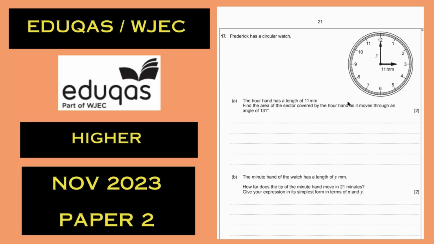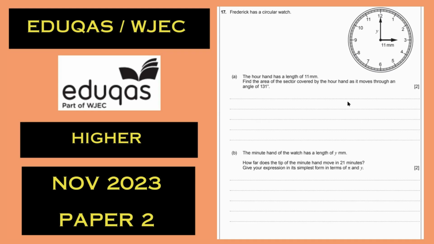Number 17. What a weird question. It's a clock, but not as we know it. It is ultimately, folks, arcs and sectors. I drew a little diagram for A. The hour hand has a length of 11. We've got that. Find the area of the sector.